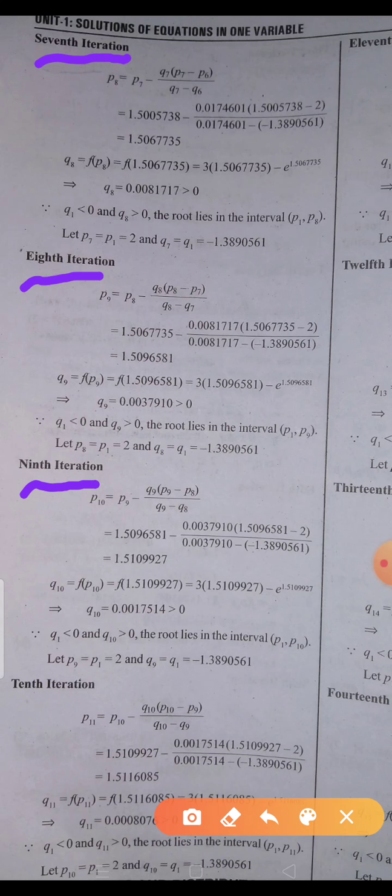P10 is equal to P9 minus Q9 into (P9 minus P8) by (Q9 minus Q8), which is equal to 1.5096581 minus 0.0037910 into (1.5096581 minus 2) divided by (0.0037910 minus Q8), minus 1.3890561.